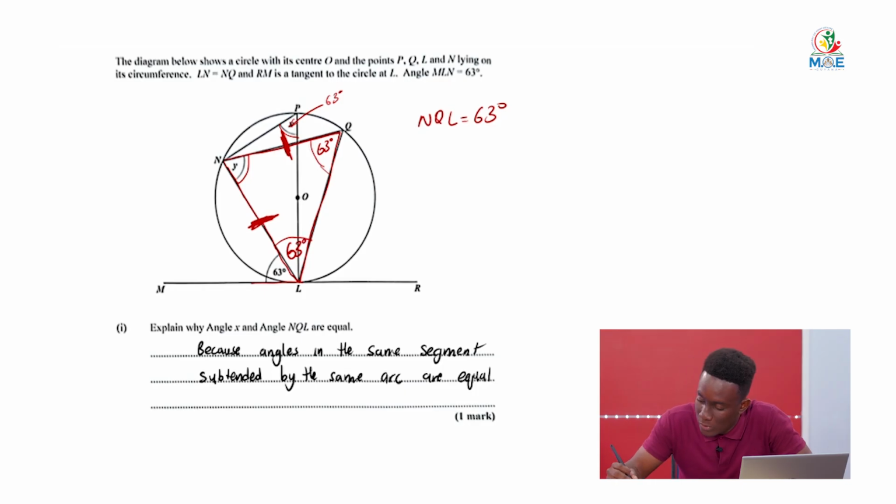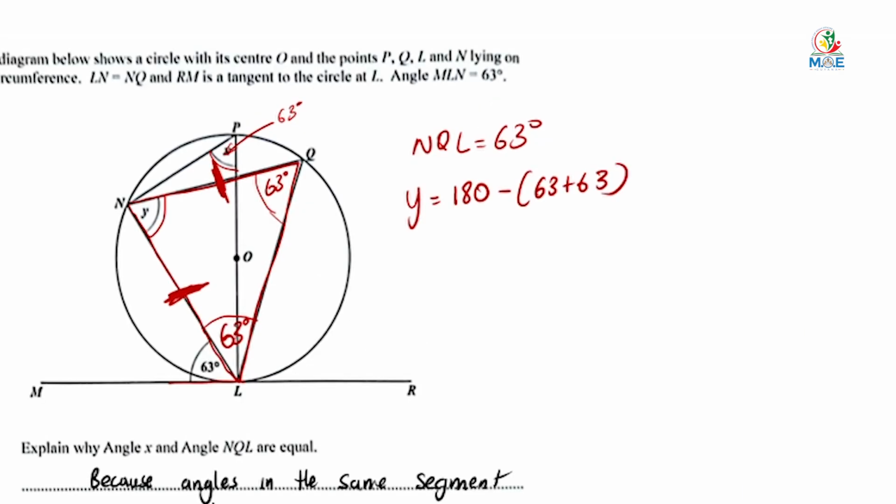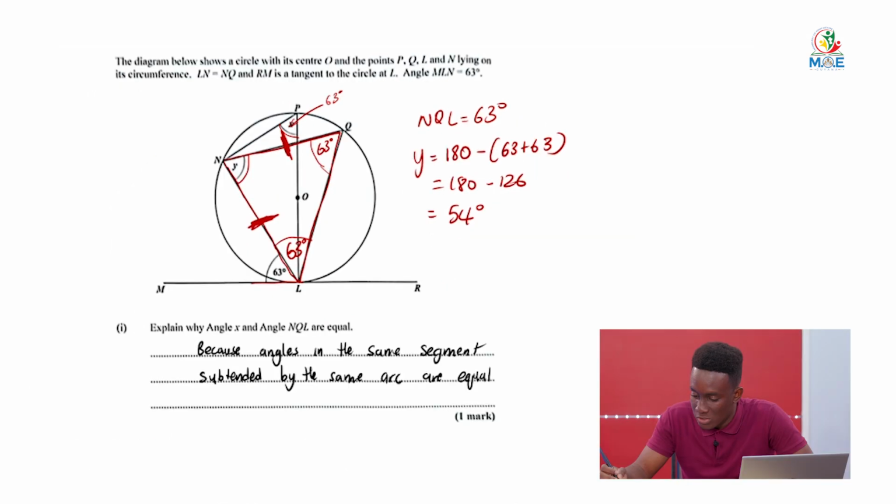To find angle Y, we will say angle Y is equal to 180 subtract 63 plus 63. This will be 180 subtract 63 and 63, which is 126. So 180 minus 126 would give us 54 degrees. So angle Y is equal to 54 degrees.